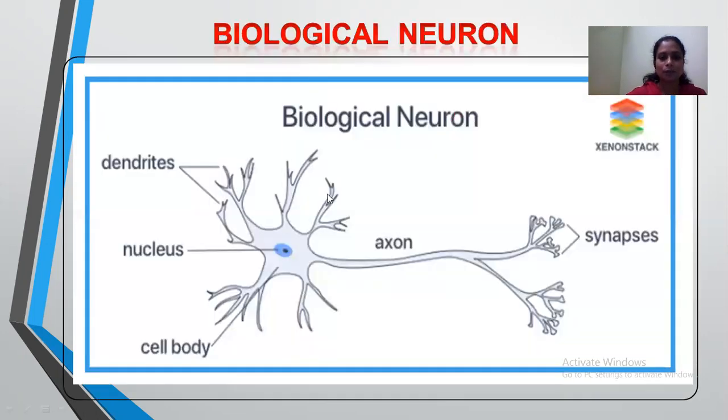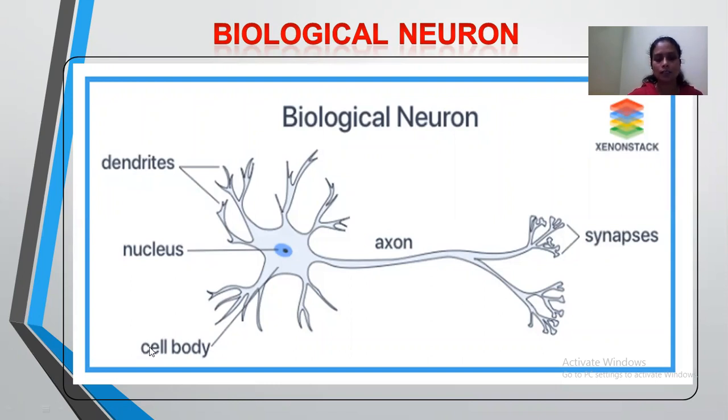This is the diagram of a biological neuron, and in this we are going to learn some of the parts called dendrites, cell body, axon, synapses, and nucleus. The dendrites are used to receive the information from the neurons, and the cell body is otherwise called soma.